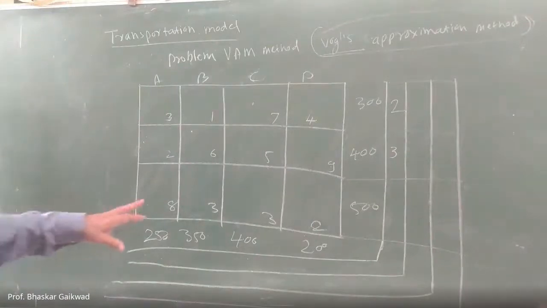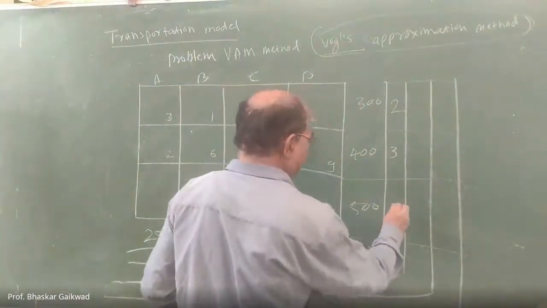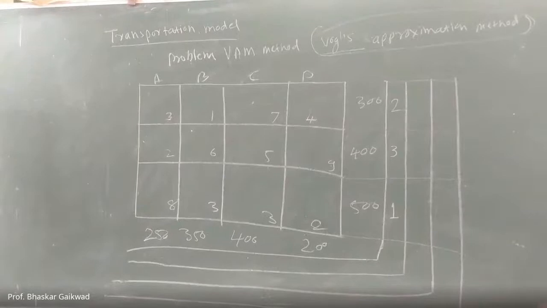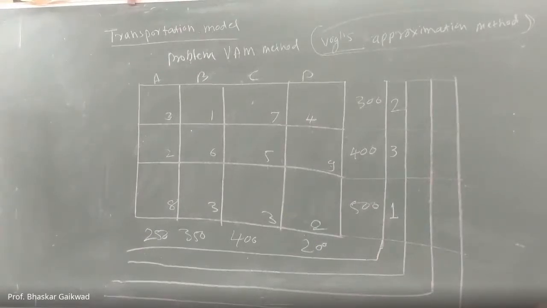After this, the minimum values 3 and 2, here the difference is 1. So once again I will repeat. In the first row, you have to select two minimum values and find the difference, and write it on the right side, in the column. Next row 3, and last row, that is 1.